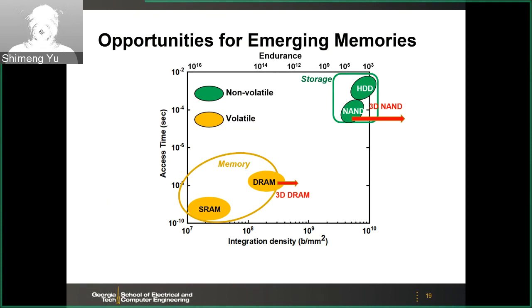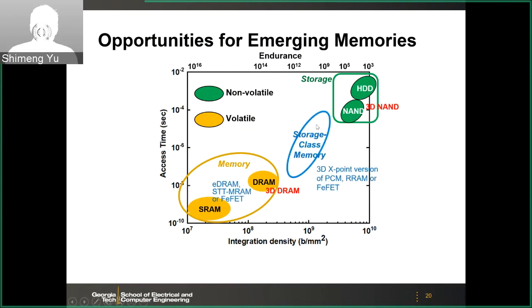With 3D, the density is increasing, which is why you see the trend moving toward the right. The density is increasing, but not necessarily the performance. The speed still stays roughly the same, because 3D only helps with integration density. You can have more bits, but not necessarily each bit can be accessed faster.